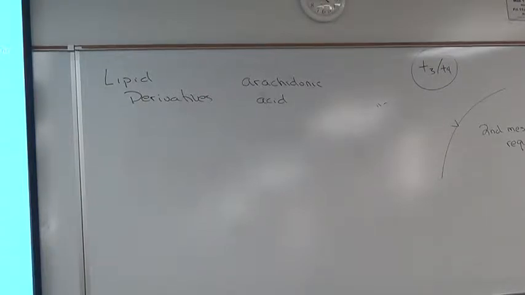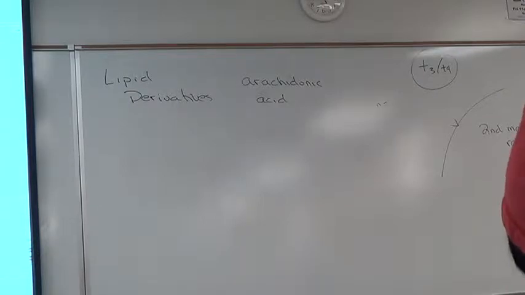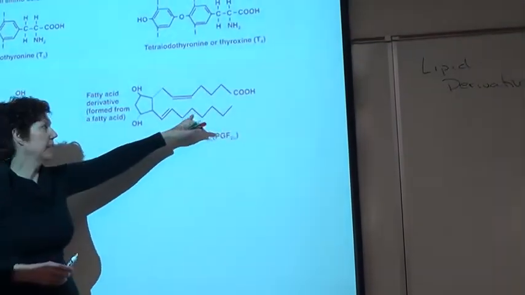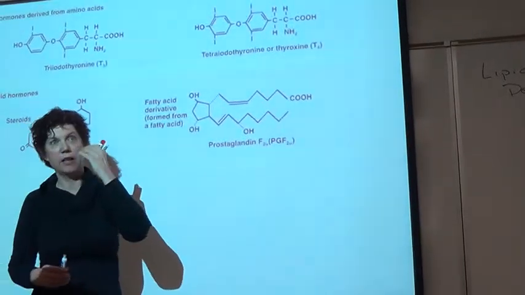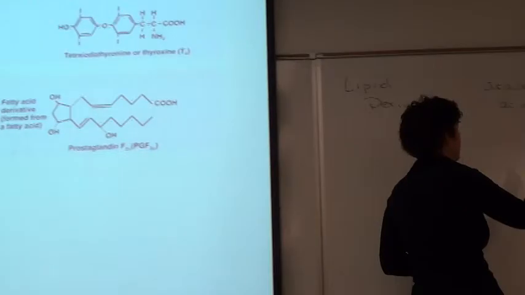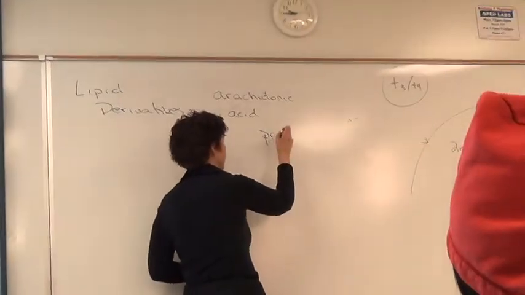Arachidonic acid is, let me move my picture up here, has a ring and then two fatty acid chains. So anytime you see something like that, we're talking about arachidonic acid. And typically these form prostaglandins.